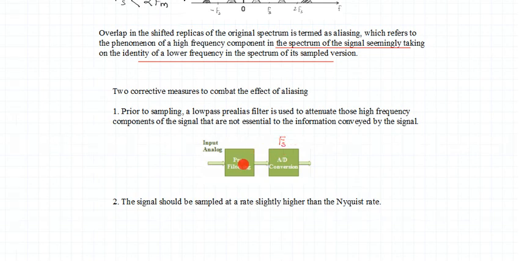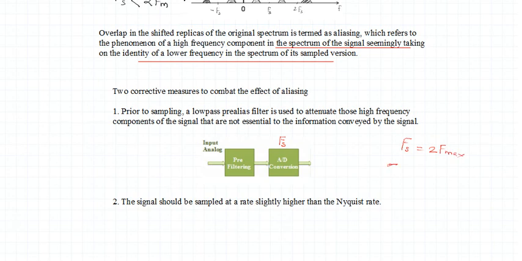As per the sampling theorem, Fs must be at least equal to twice Fmax. So now I know my Fs, and the maximum frequency we can apply is Fs by 2.